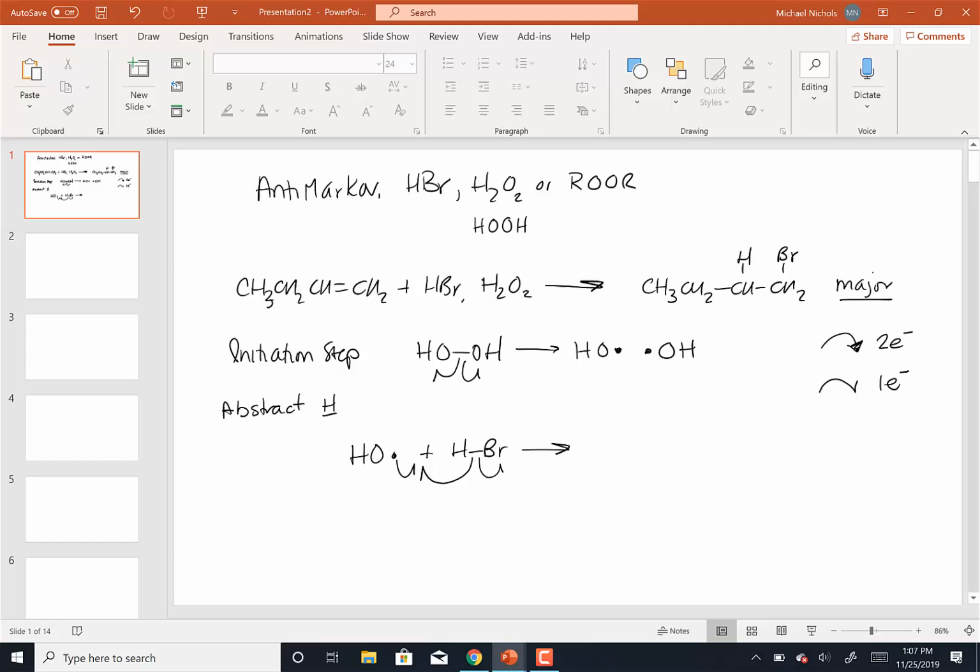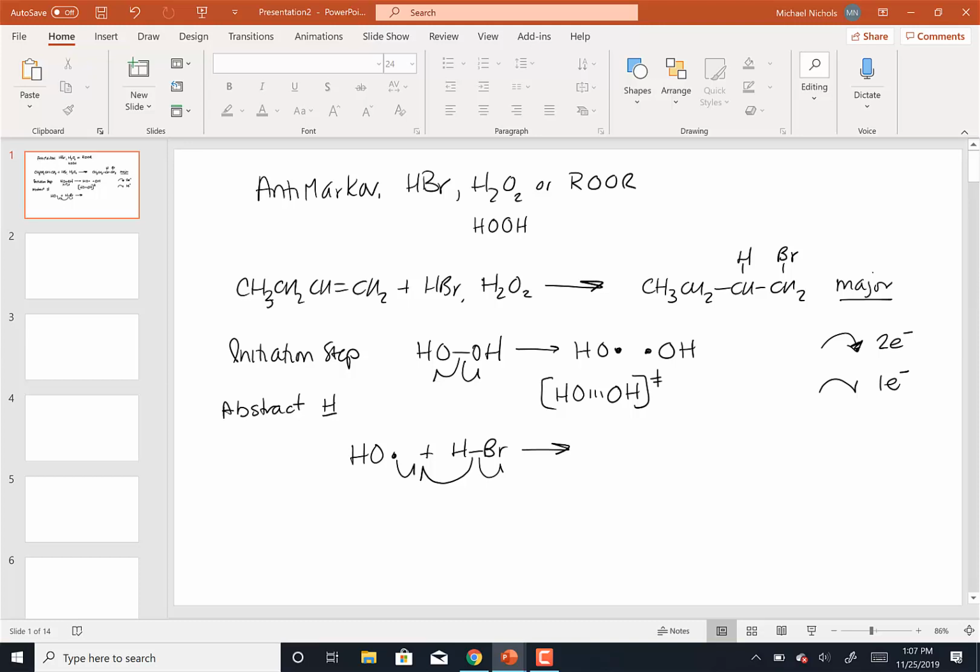So my arrows would look like that. Now, I didn't put the transition state in for the first step. I should. The transition step for the first step is I'm breaking the oxygen-oxygen bond. In all free radical mechanisms, there are no charges. So there's not any charges in any of these reactions or in any of these steps.